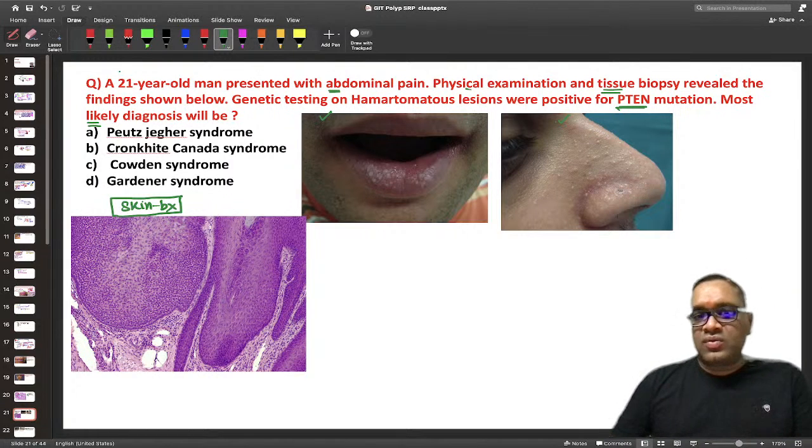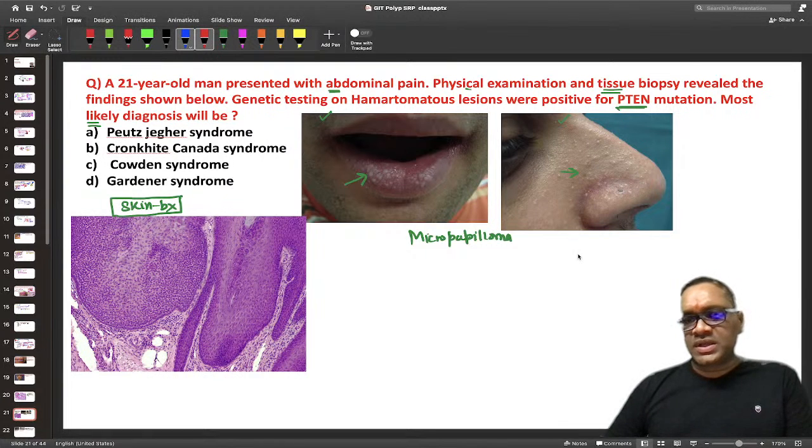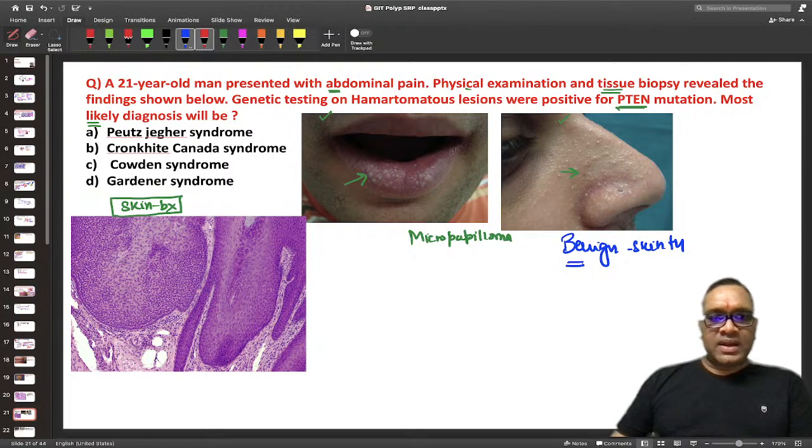See, when you find this lesion, micropapillomas of the skin, what I'm showing you here, or in a very simple manner, the examiner will give you a benign skin tumor. And these are early cutaneous manifestations of a skin tumor.